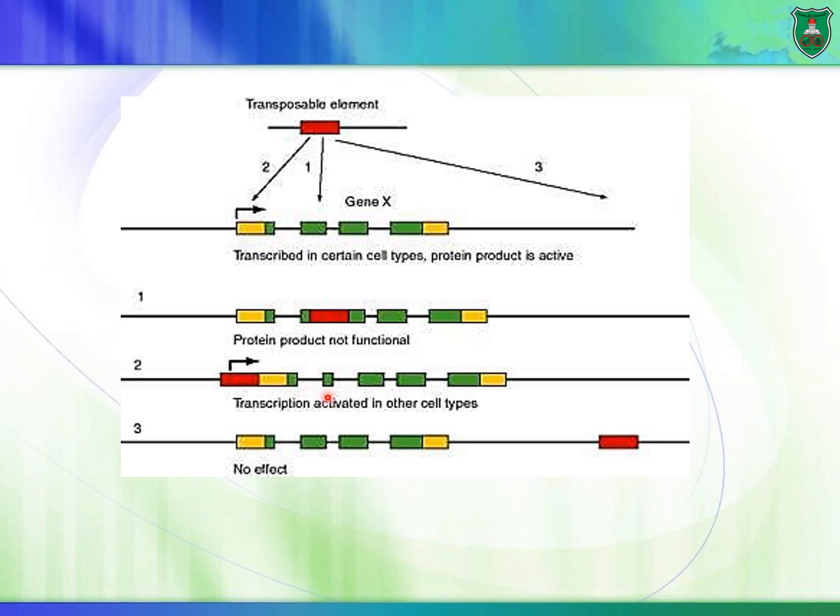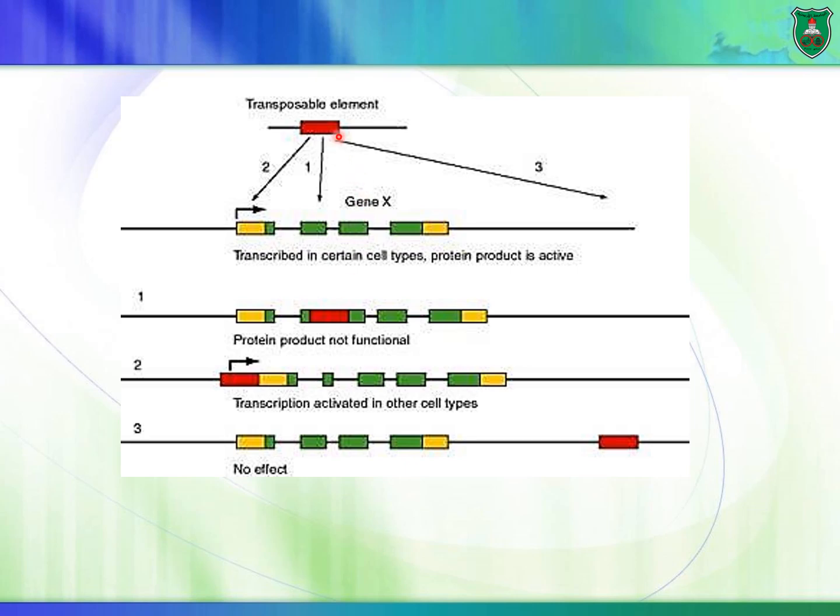Or it can insert itself close to a gene, so the gene is not regulated appropriately, meaning that the gene can be overexpressed, so you're producing a lot of RNA and protein, or it can be underexpressed. So there's failure to express the gene or to encode the protein. That would cause a certain disease depending on the gene that is disrupted.